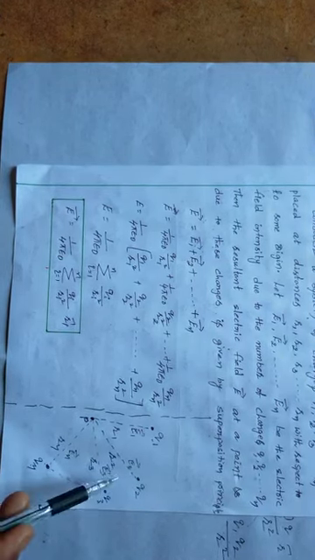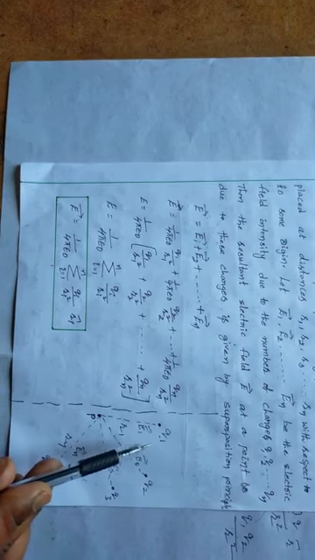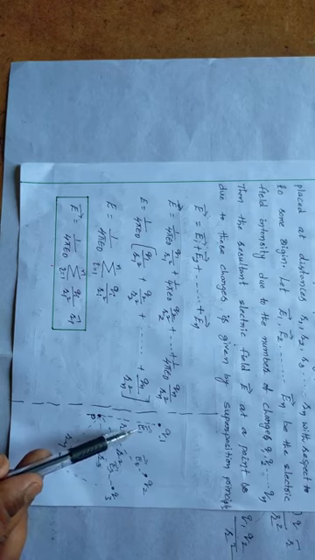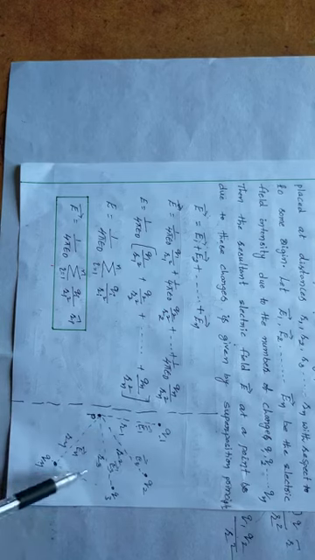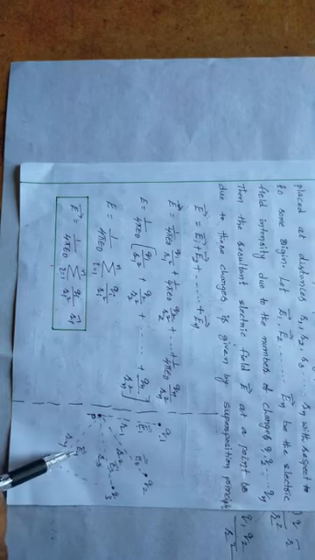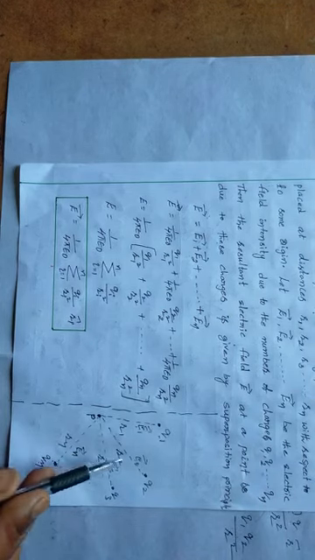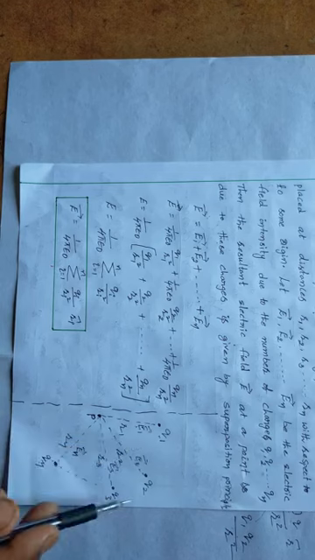That means due to all these system of charges, how many electric fields are there? N number of electric fields are there. Of course, they are all different: E1 bar, E2 bar, E3 bar, E4 bar, and so on, En bar. Now these electric fields are due to these system of charges.